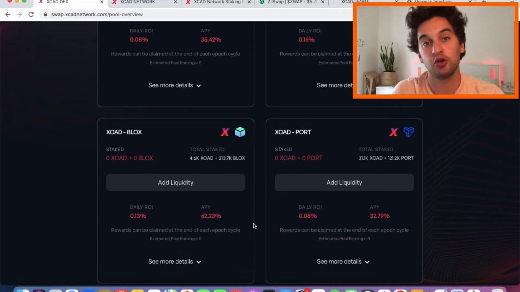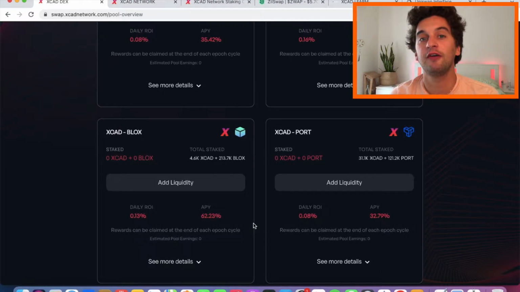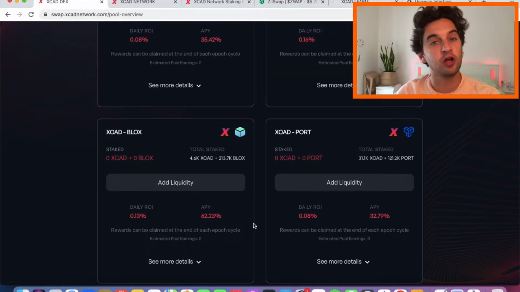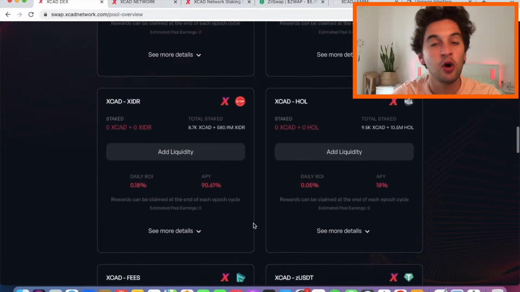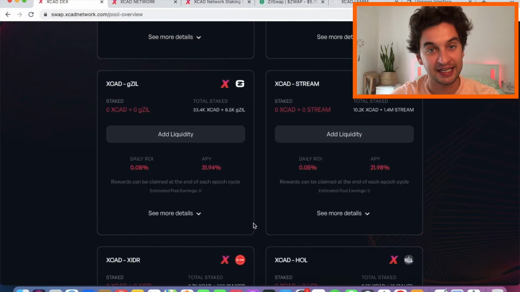This is a pool, sorry, that requires a one-to-one ratio for the coins, meaning that if you want to stake $100 with XCAD, you have to put $100 of, for example, Zilliqa, meaning that you basically need to put $200 in the staking pool, split by two on the exact same value.